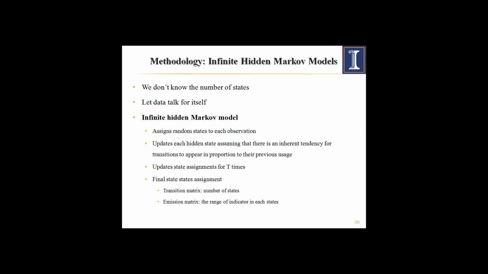I will talk about the infinite hidden Markov model later. But what we get from infinite hidden Markov model is, again, the transition matrix and the emission matrix, based on which we can find the number of states and the range of PCI in each state.